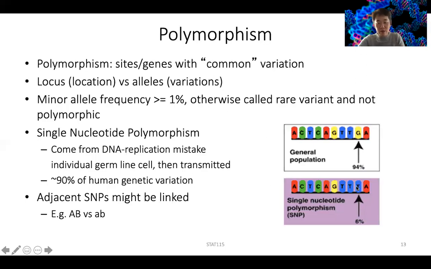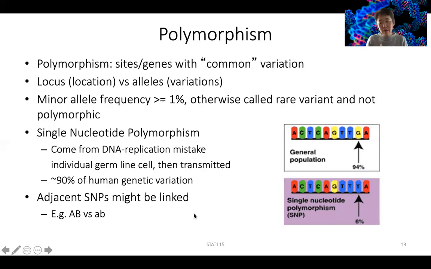It's another locus. By the way, people use capital A for the major allele and the small letter for the minor allele. So in this case, supposedly this is locus B. The major allele is G, that's the big B. The minor allele is the 6%, the T, the small b, okay?